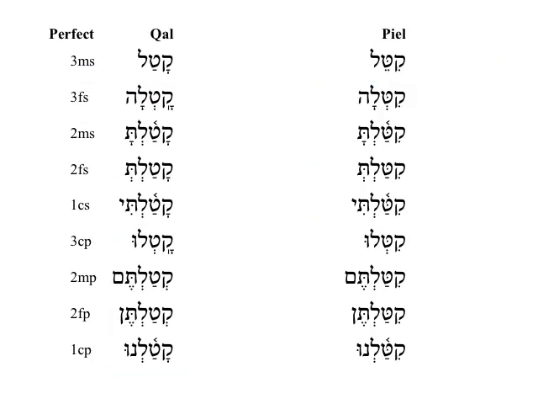Next, notice the PL. Here we have the kal and the PL, and again, all the endings of the PL, all of the suffixes that contain the pronoun information, 3ms, 3fs, 2ms, 2fs, 1cs, 3cp, 3mp, 2fp, 1cp, they're all exactly the same.